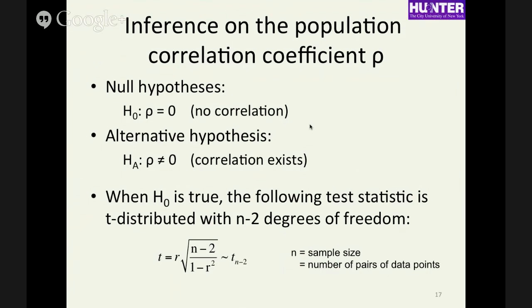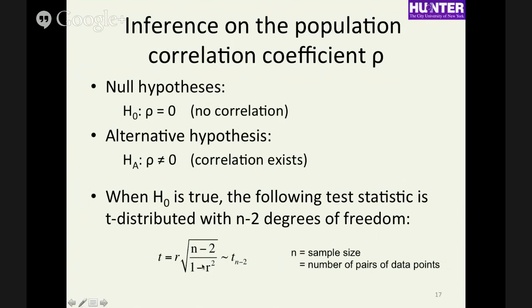So we can do a hypothesis test on the Pearson's correlation, just like you're getting good and comfortable with. We'll set it up like other tests, with a null hypothesis of no correlation in the population and an alternative hypothesis that there is a correlation. And then this is kind of neat.